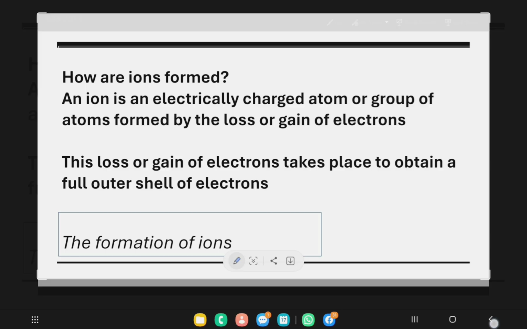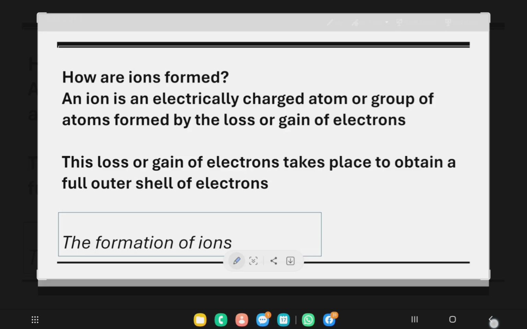This loss or gain of electrons takes place to obtain a full outer shell of electrons. So the purpose for formation of ion is that a complete shell of electron will be obtained at the valence shell of the atom involved.